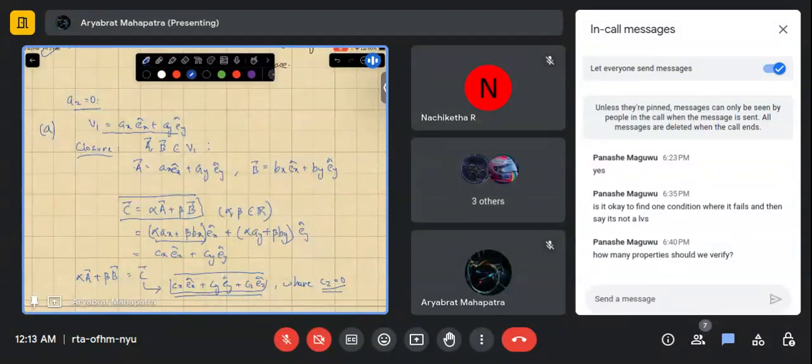Here also, in statement A, you have these vectors ax, ay, and also you have bx, by, which is the b vector. To check commutative, you just take a plus b equals b plus a. In your mind you can guess that it will be equal, so it won't change anything.